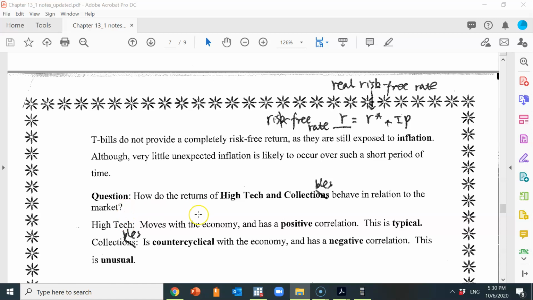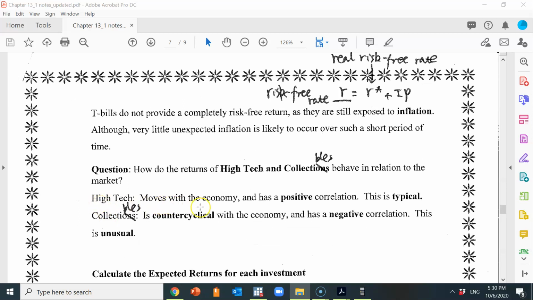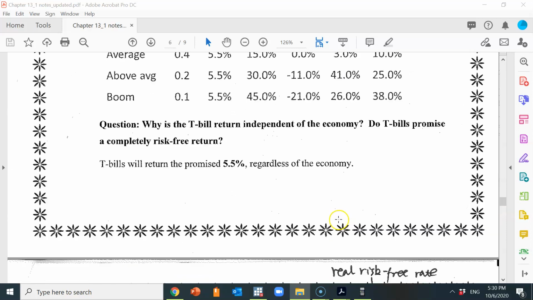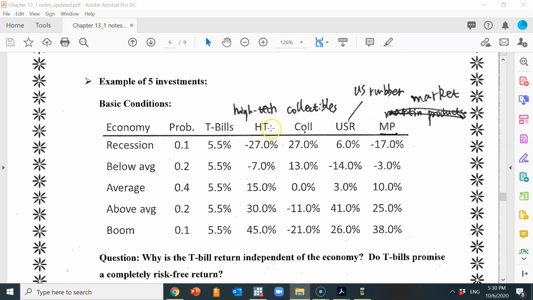Another question, how do the returns of high-tech and collectibles behave in relation to the market? High-tech moves with the economy and has a positive correlation. It's typical. Collectible firms is counter-cyclical with the economy and it has a negative correlation. This is unusual. So most industries are like high-tech industries. When the market index is not doing well, when the economy is bad, its return is low.